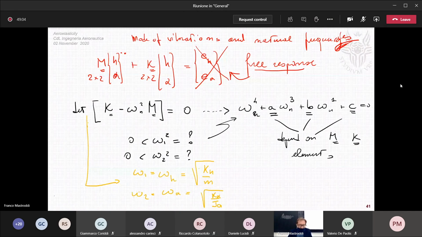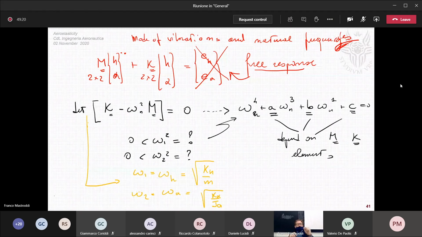Okay, so these can be defined as the bending and torsional natural frequencies of the dynamically uncoupled system, uncoupled in the sense of torsion and bending.